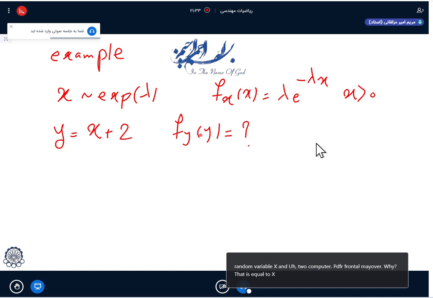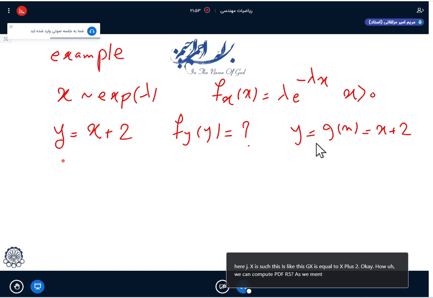So y is a function of x. Y is equal to g(x), and here g(x) is x plus 2. How can we compute the PDF of y?